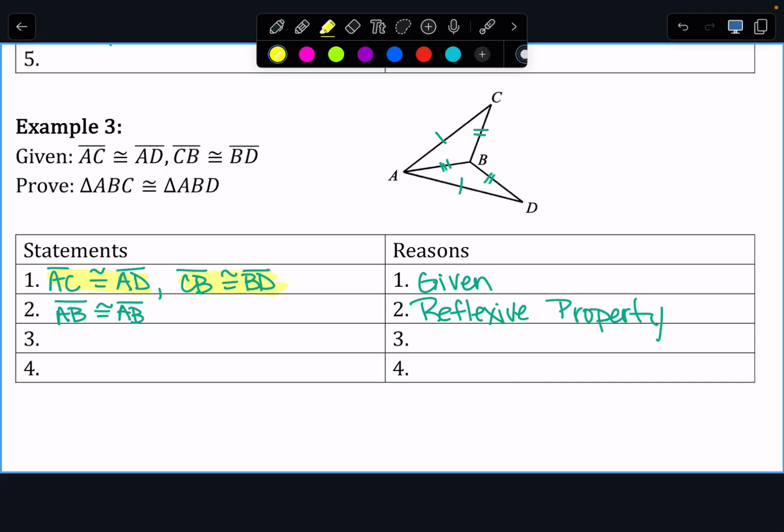Now we have 3 sides congruent to 3 sides, so we can conclude that triangle ABC is congruent to triangle ABD because of side, side, side.